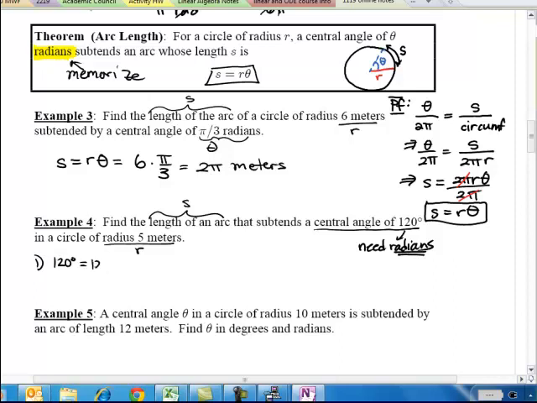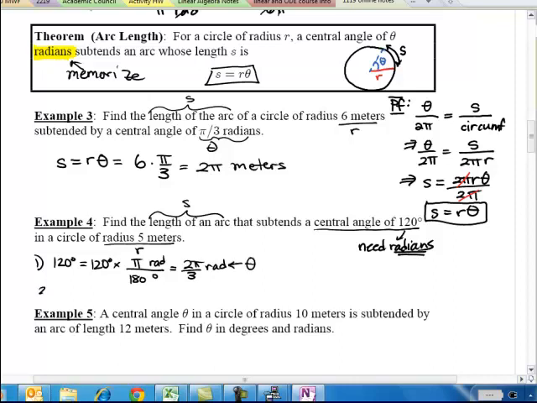So we would take 120, we want degrees to cancel, so we'll put 180 in the denominator and pi in the numerator. So 120 over 180, those are both divisible by 60, so 2 pi over 3. Alright, so that's our theta value.